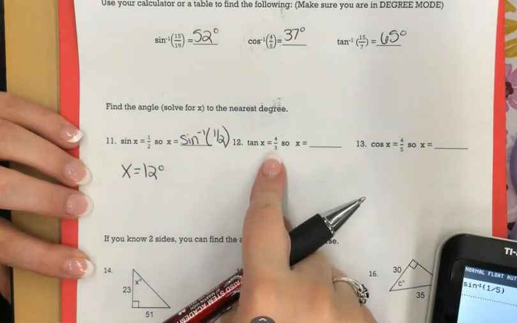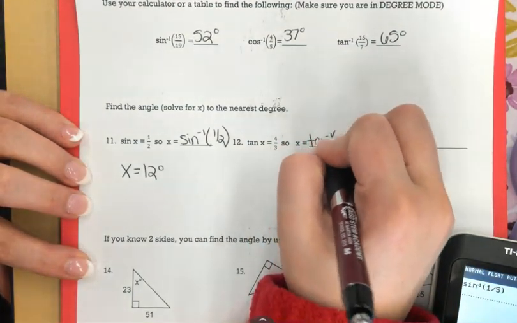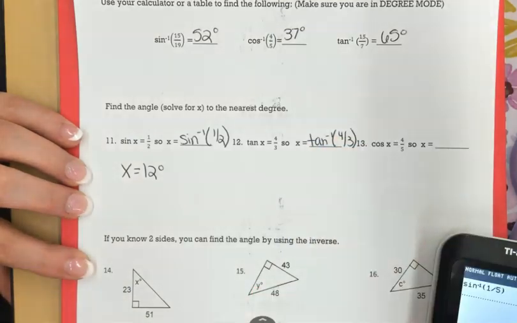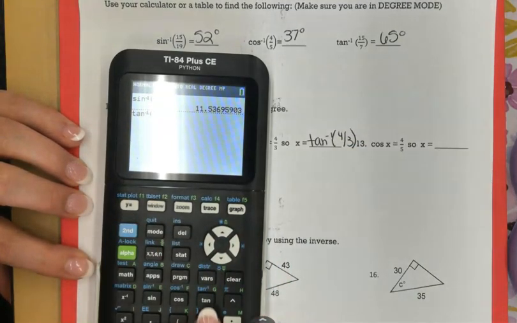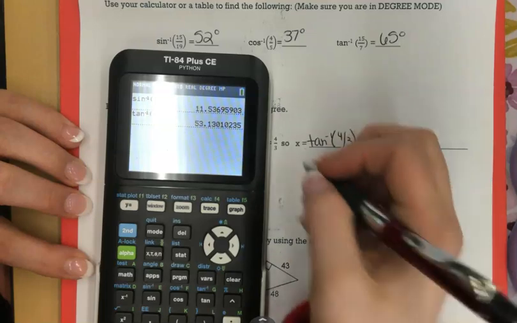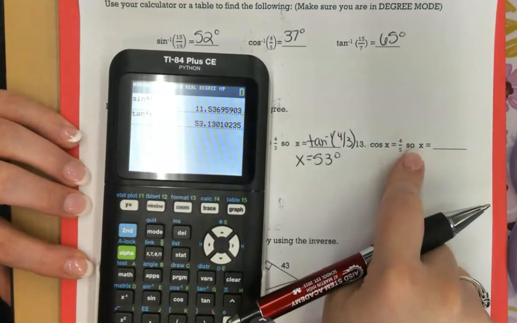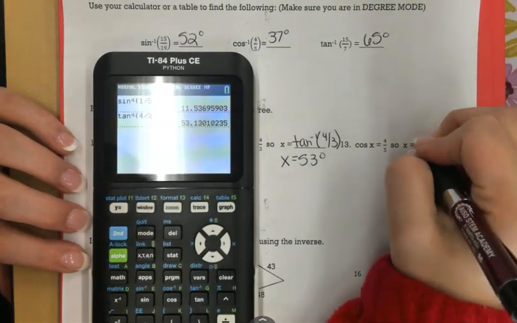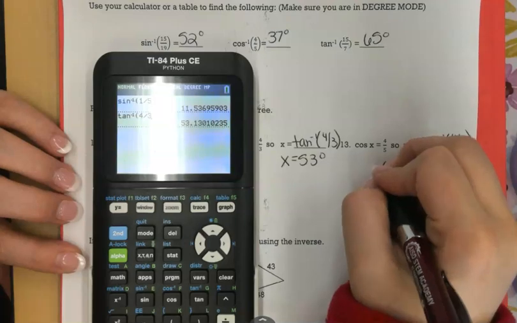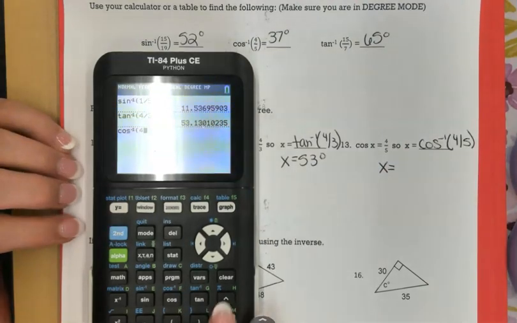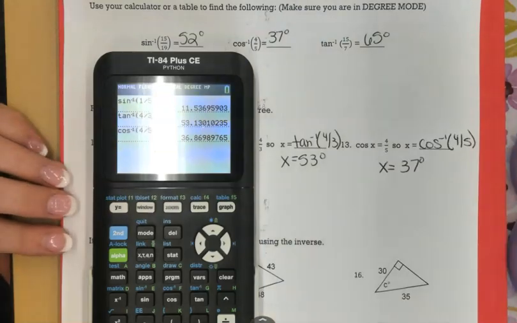If you knew the tangent of your angle is 4/3, you would solve that by doing the inverse tangent of 4/3 to find your x value, and that will be approximately 53 degrees. And then lastly, if you knew the cosine of your angle was 4/5, you would do the inverse cosine of 4/5 to get that your angle is approximately 37 degrees.